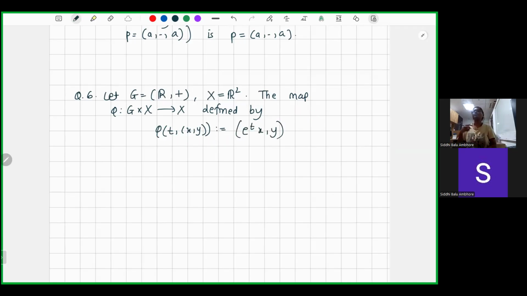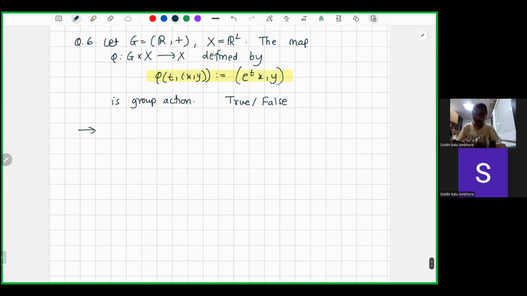So we are just multiplying e to the power t in the first coordinate, and we have to check whether it is a group action. We have to check whether this is true or false.